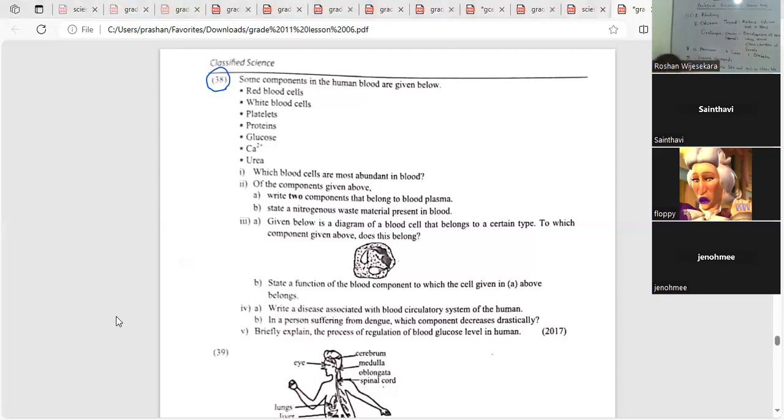Although that question is long, answers are short. Only one long answer is there, this final one. Others are short answers.